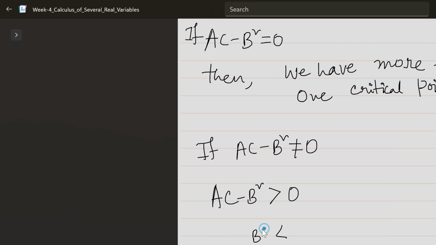I'll write that suppose AC minus B square is positive and A is positive. A means your del 2f del x2. Then the critical point is a minimizer, right? The critical point is a minimizer.